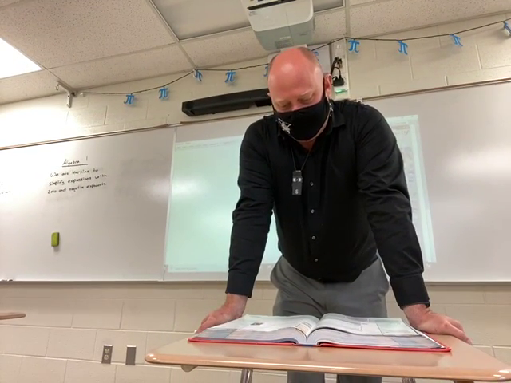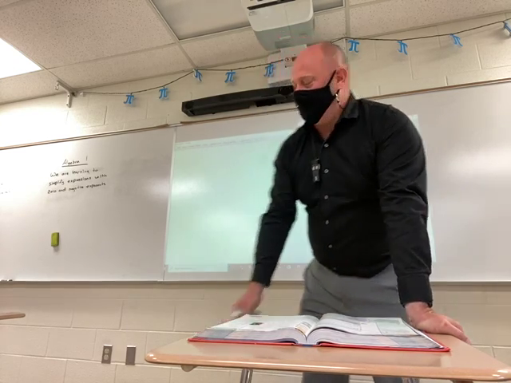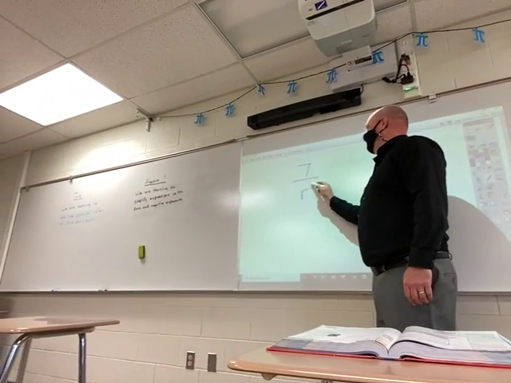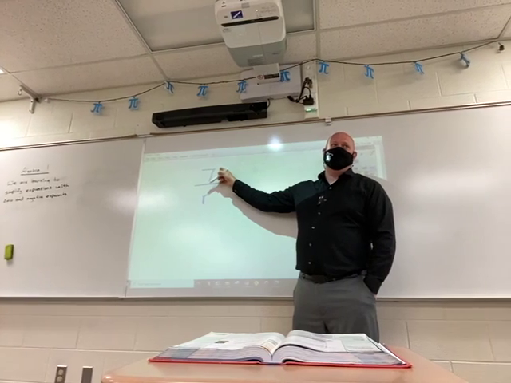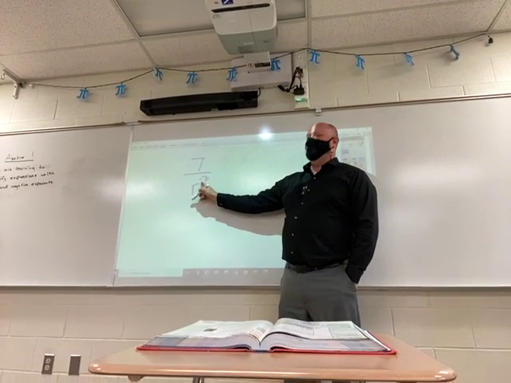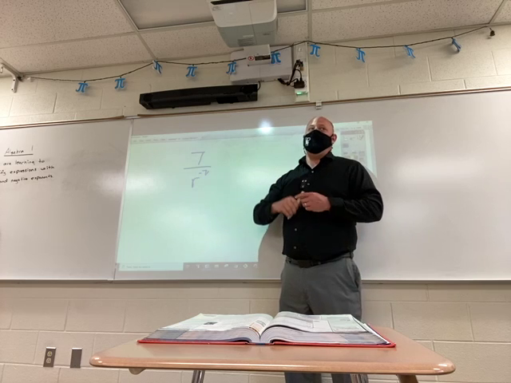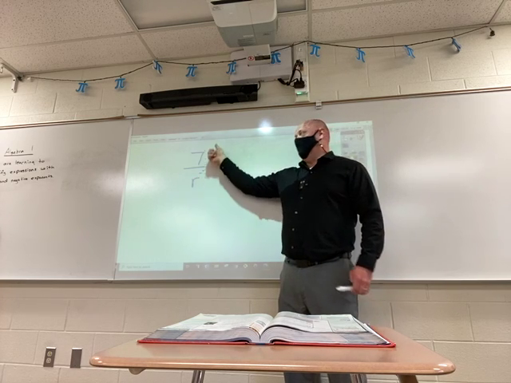Try number 18. So what's it say? 7 over r to the negative 7th. Is there anything I can do with that top 7? No. What do I do with negative exponents? You flip them. So right now they're in the denominator. So where do these r's now go? Up top.